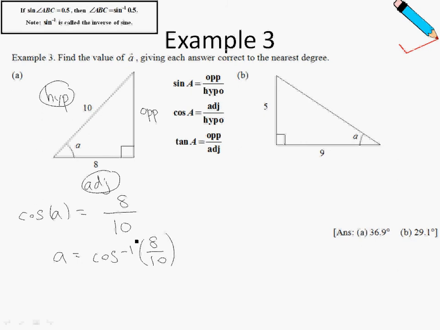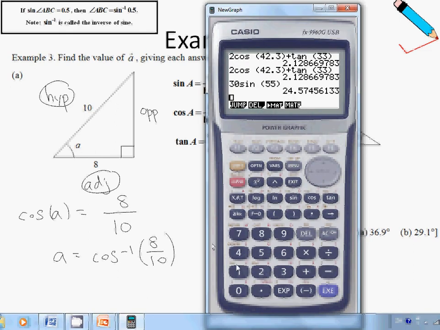I know this function is new to everyone, so I'm going to pull out the calculator and help you locate that function. If you stare very carefully, the cosine inverse function is located at the same area as the cosine button. All you need to do, press the shift button, press the cosine button, and cosine inverse will appear over here.